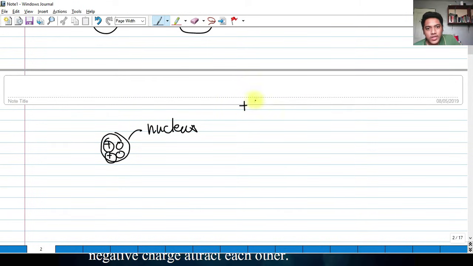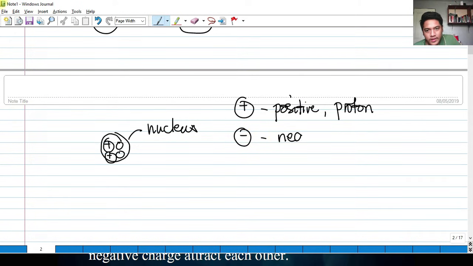The proton is the positive particle inside the atom. The negatively charged particle inside an atom is the electron.